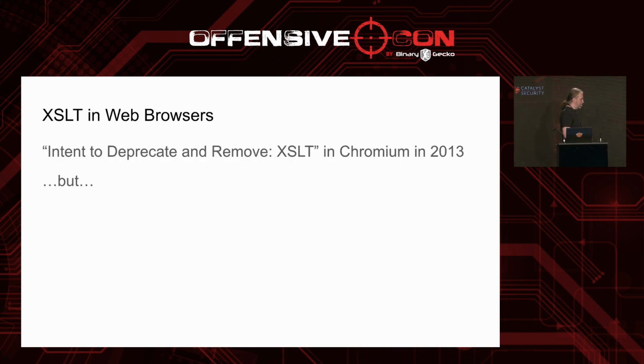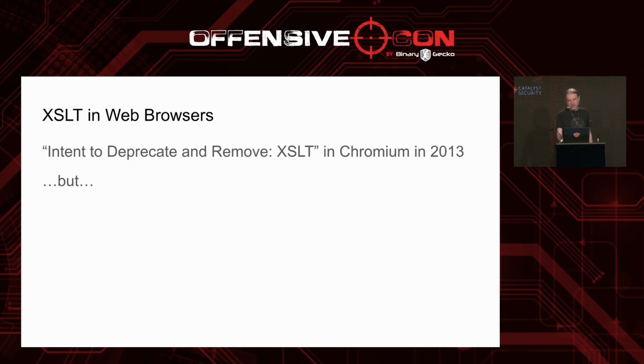And the reason I thought we didn't have it anymore was, well, I couldn't remember what the reason was, but I searched for it, and then I found an intent to deprecate and remove it in Chromium all the way back in 2013. Well, obviously it didn't happen.